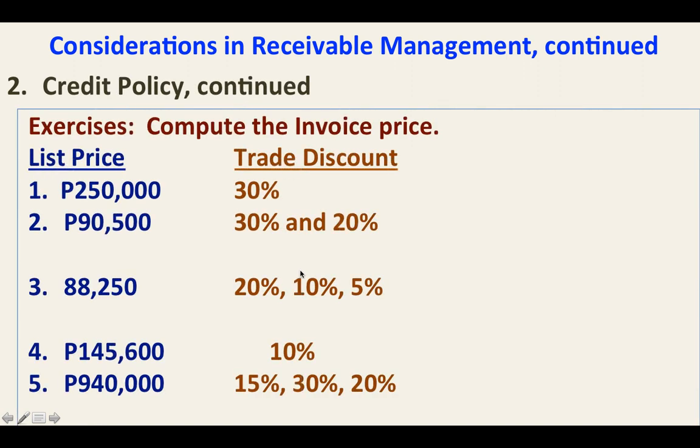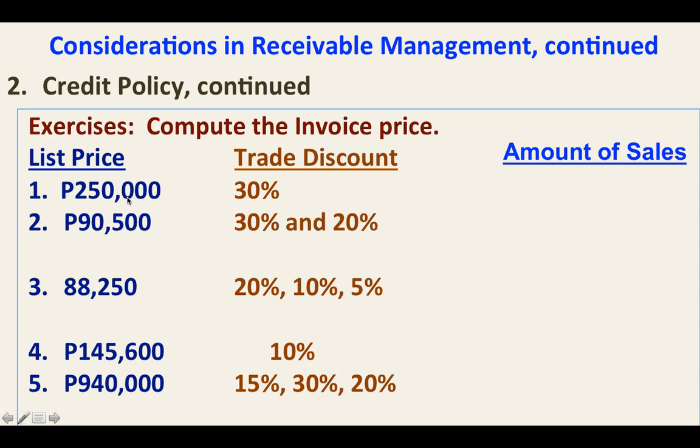Okay, let us have certain exercises. Now here, we are asked to compute the invoice price. So only the invoice price is being asked here. So in this case, the invoice price will be the amount of sales, or the amount of purchases in reference to the buyer. Okay, amount of sales or amount of purchases.